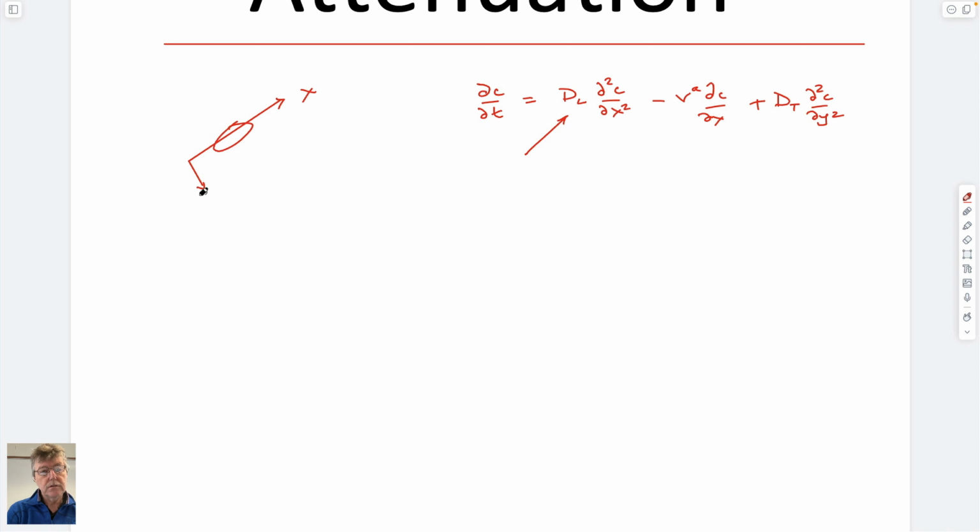And so it's for flow in the x direction versus y. And we talked about this last time, that this is longitudinal dispersion and lateral dispersion. And what was this? This is equal to diffusion, which is called d star, plus mechanical dispersion times advective velocity.